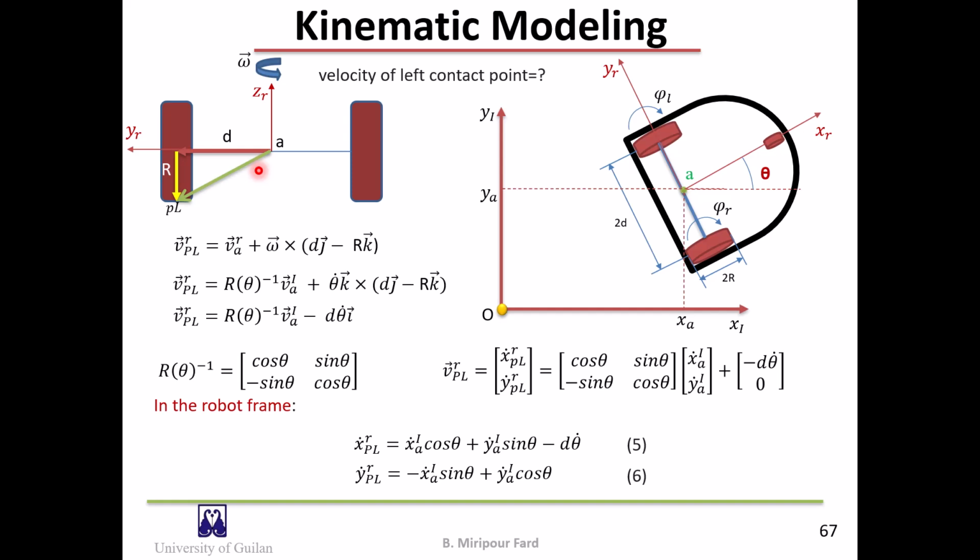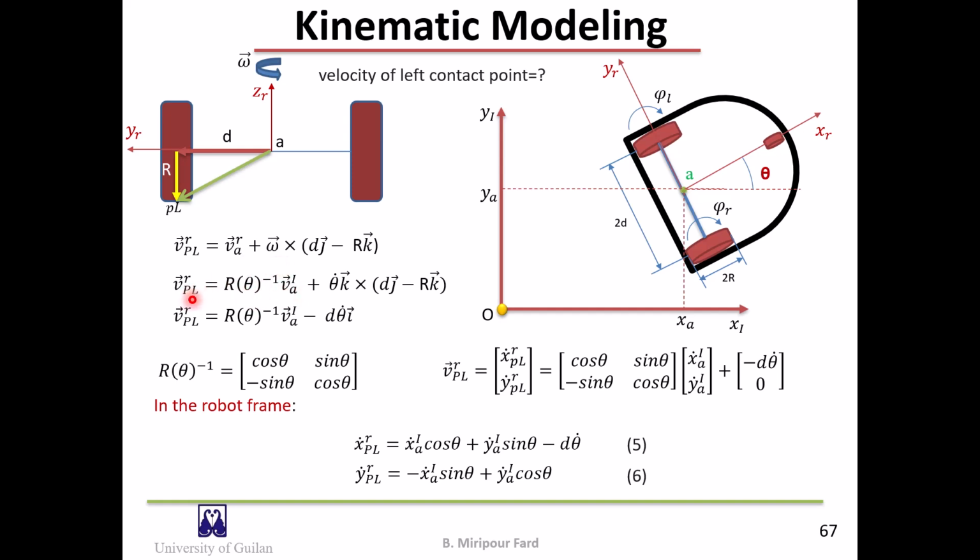We have assumed the velocity of the center of the robot in the inertial coordinates to be known. By using the inverse of the rotation matrix, we can have that velocity in the robot frame.